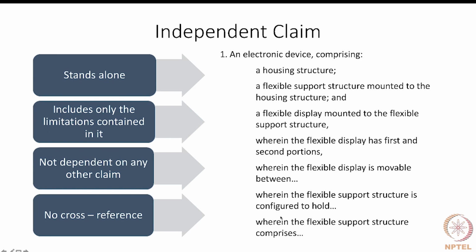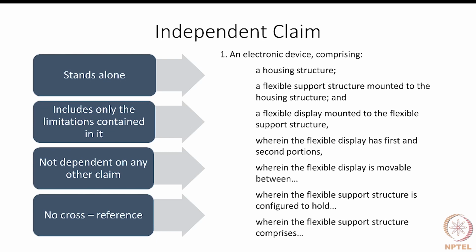So wherever you saw the wherein in these clauses, it introduces a limitation. So it only is confined to the limitations that are introduced here. Nowhere does it say that the flexible display should have nitinol in the main claim. So there's no such limitation in the independent claim. So it includes only the limitations contained in it.